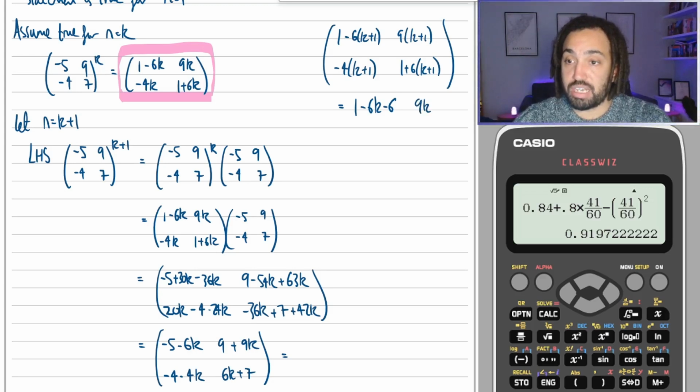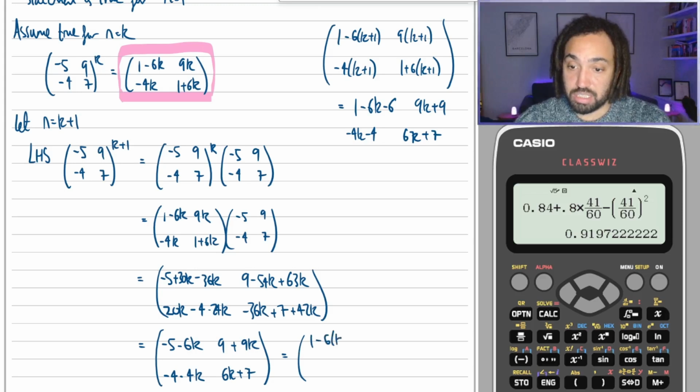This one is 9k plus 9, which is good, that's correct as well. This minus 4k minus 4, yes, that's good. And the last one is going to be 1 plus 6k plus 6, so that's 6k plus 7, which is good. Perfect. So now what I can do is I can just write it as it is over there, and this shows perfectly that it is true for k plus 1.